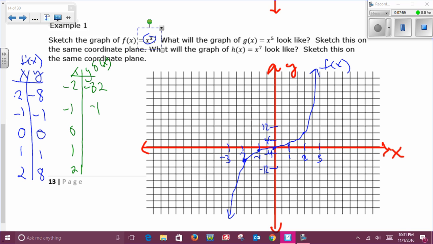Negative 1 is negative 1, 0 is 0, 1 is 1, and 2 gives 32.